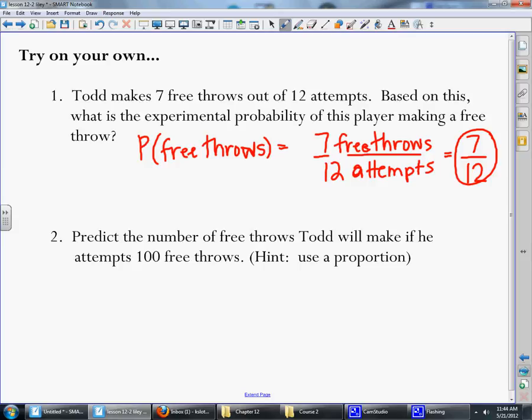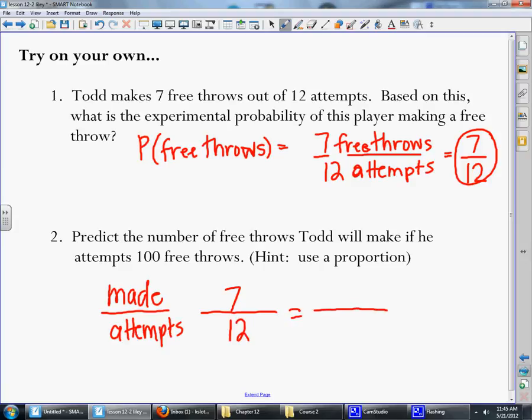So we have made over attempts. We know that he made 7 out of 12 attempts. We want to know how many he is going to make if he attempts 100 free throws. So we cross multiply.